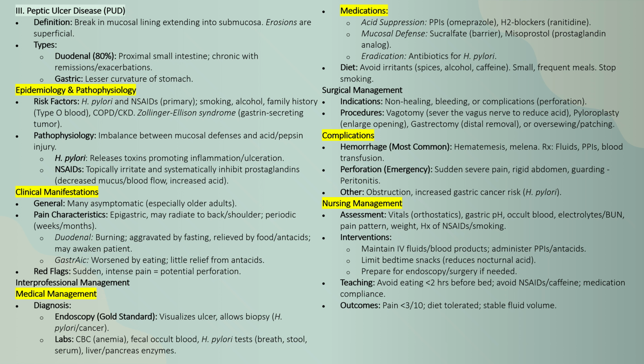Type: duodenal ulcer, approximately 80% of the cases, affecting the proximal small intestine, chronic with remissions and exacerbations. The gastric ulcer tends to occur in the lesser curvature of the stomach.